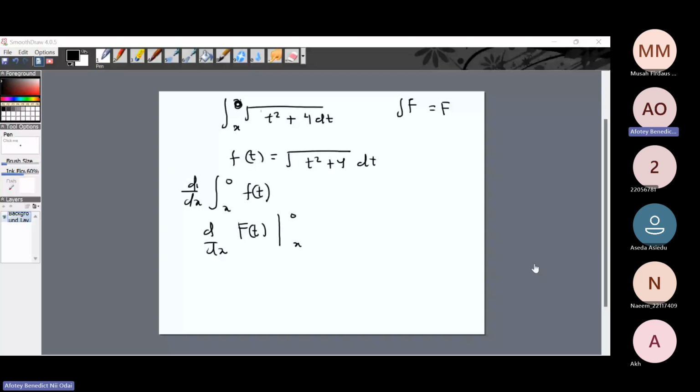So we are still defining the function on the same interval.